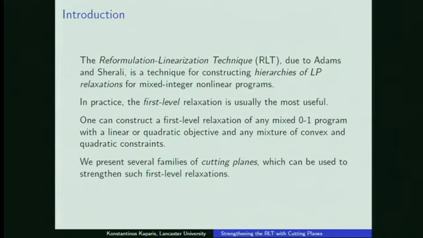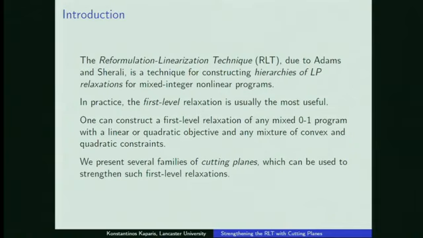So each level is an outer polyhedral approximation of the previous level, and as we traverse the hierarchy, the bound gets stronger and stronger. However, the size of the problem gets substantially large as we traverse the hierarchy. And that's why, in most practical cases, people resort to the first level RLT only, which proves in most cases to provide a very strong bound anyway.